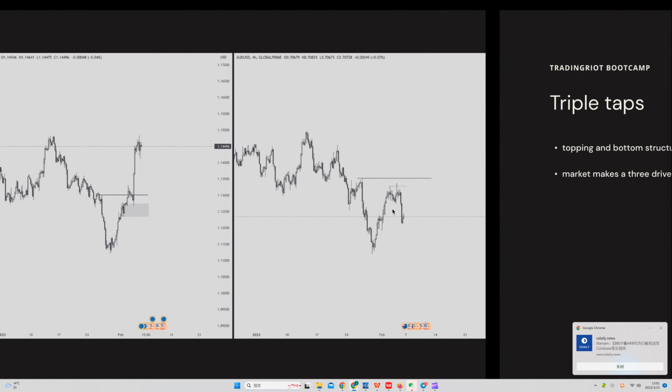But the AUD USD makes the same kind of V-shaped reversal, and then once it hits this point where market broke to the upside, it starts struggling, and you have these patterns which I will cover later on, where it's not able to break the prior resistance, makes this swing and fails, and sells off from there.